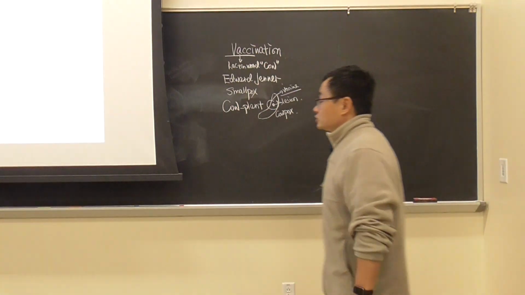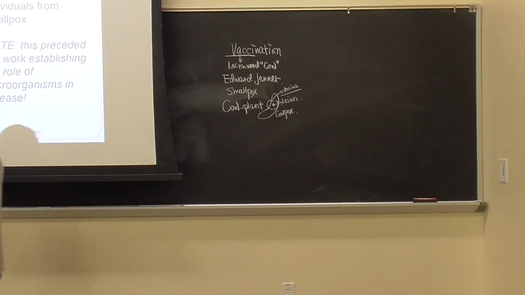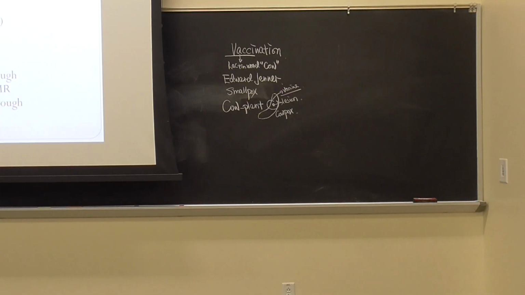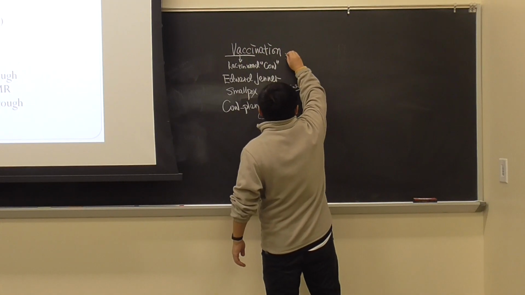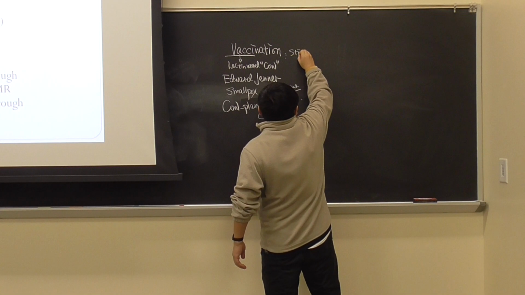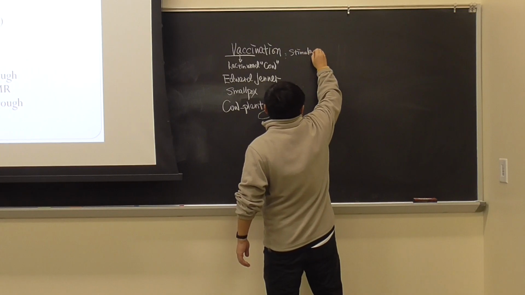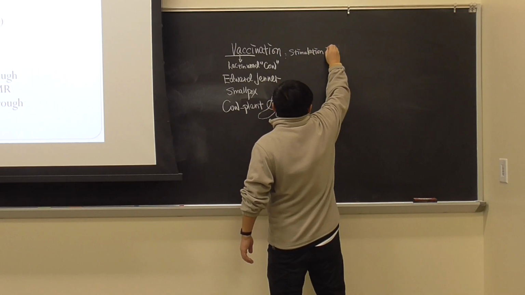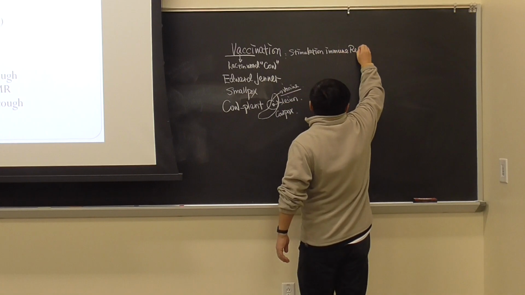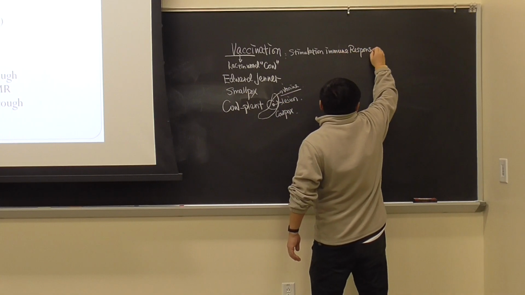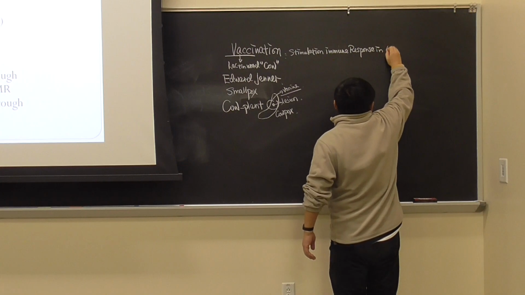So that's vaccination. Now we're going to jump in, just to let you know some of the basic knowledge. So what does a vaccine do? Vaccination stimulates an immune response in the body.